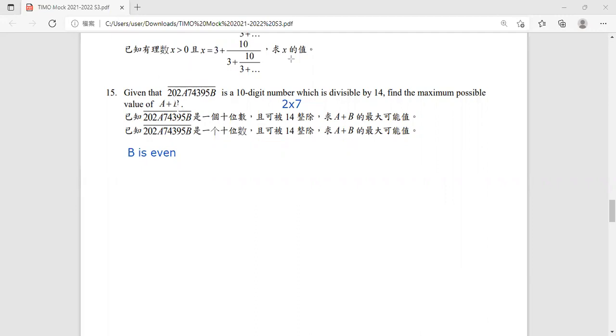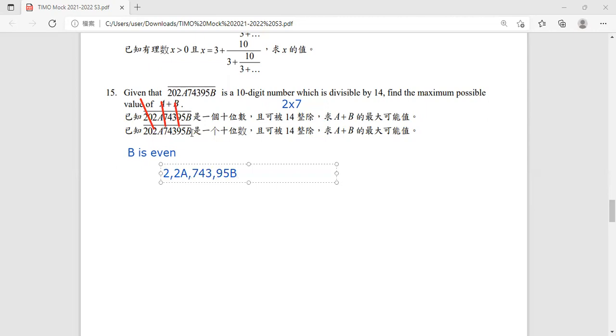So what you have to do is chunk the number into groups of 3 digits from the right-hand side. So you have 2A, 743, and 950B.